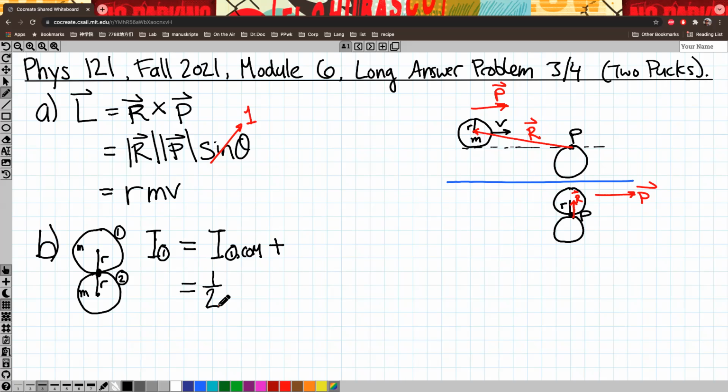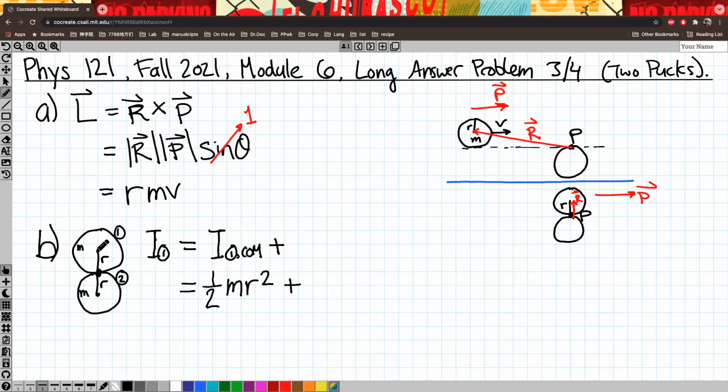So it would be half mr squared. Yeah, I was thinking about the pipes and how you use its length. Yeah, and for the moment of inertia of a disk around its center of mass, it's just half mr squared. All right.